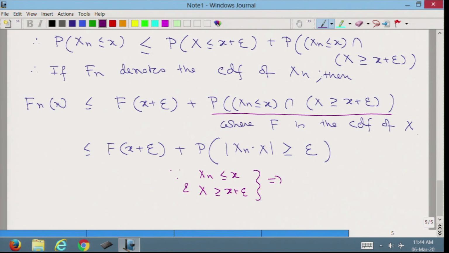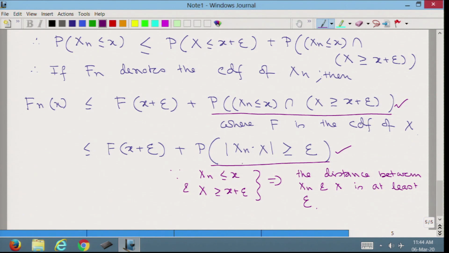Therefore, together they imply that the distance between x n and x is at least epsilon. And since this can happen in some other ways also, this event is contained in this event, and therefore this probability is bigger than this probability.